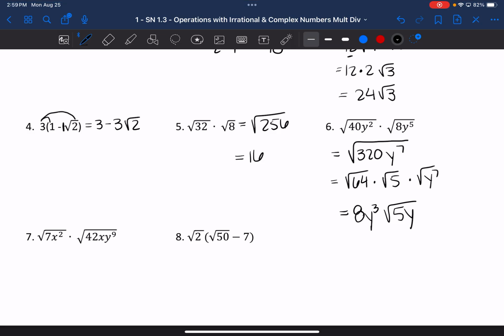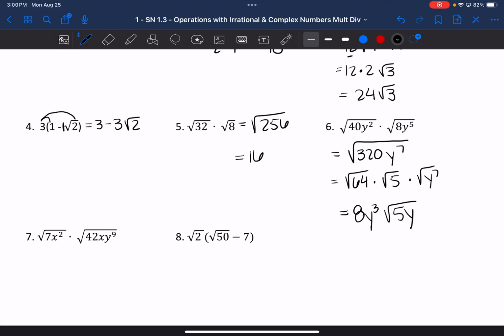Seven times 42 is 42. I said 294. And the square root is 7. 294 divided by 49. So how we're going to do this? Very complicated.